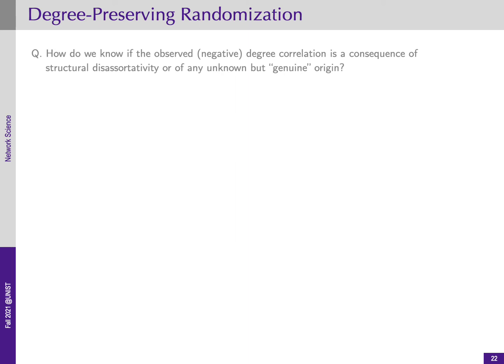Okay, so to answer this question, we introduced the degree preserving randomization, which is given like this. We are given 4 nodes here, A through D, right? So they originally had degrees 4, 3, 3, 2. But the link between A and B has been switched to the link between A and C. Likewise, the link between C and D is now diverted to another link between B and D, right? So throughout this procedure, we didn't change the degree of each node.